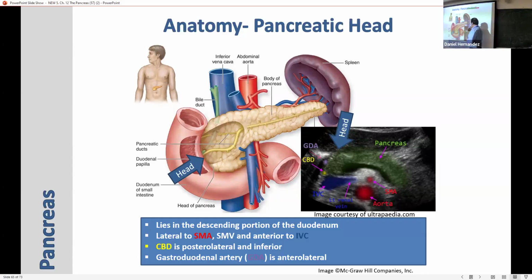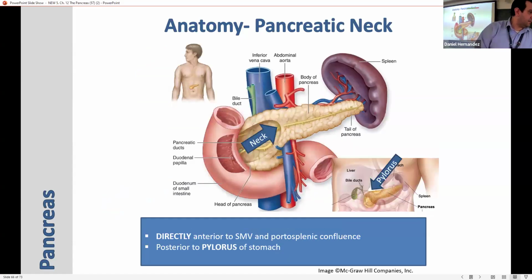So we know that the GDA is the anterior portion of the pancreas, and the common bile duct is posterolateral, so the posterior portion. The neck is just a small portion of the pancreas. It's anterior, or in front of, that portal splenic confluence.